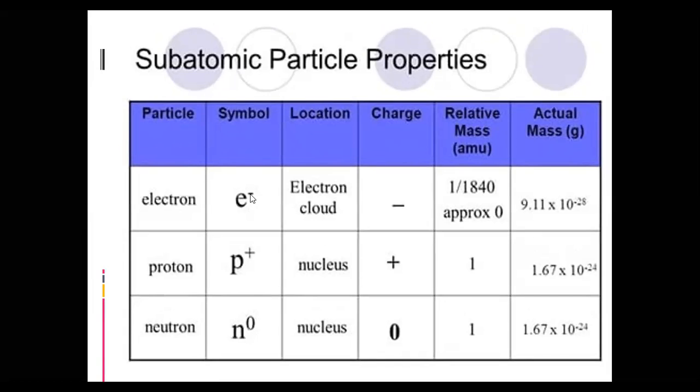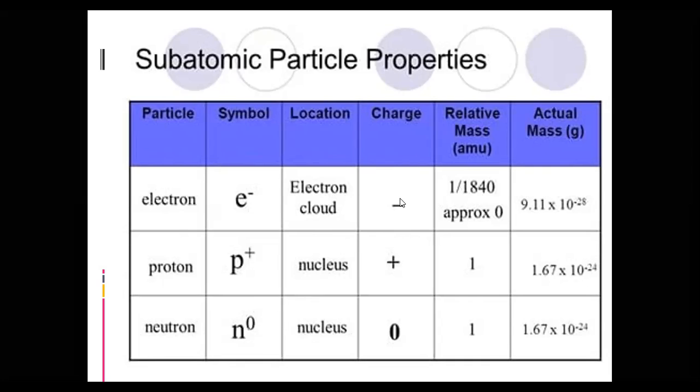Negatively charged is electron, positively charged is proton, and neutron is neutral. Where do they stay? Electrons revolve around in orbits around the nucleus. That circular orbit region is the electron cloud. Proton remains in the nucleus. Neutron also remains in the nucleus.